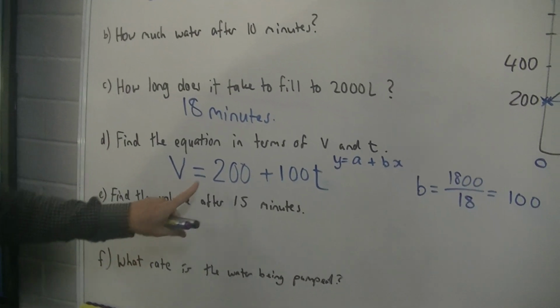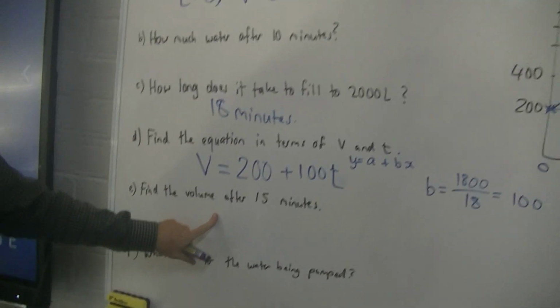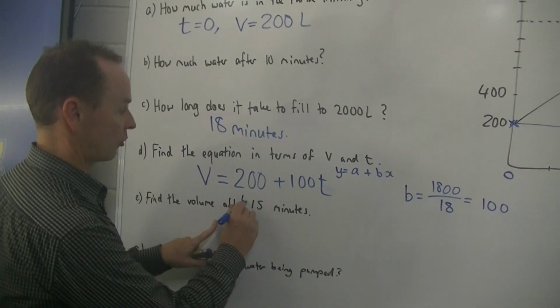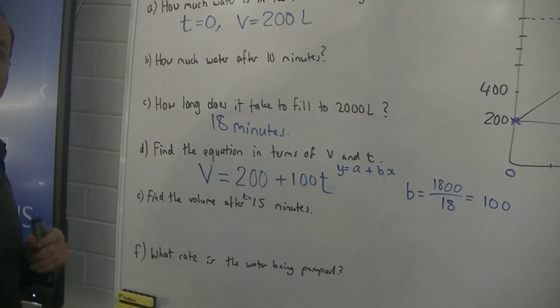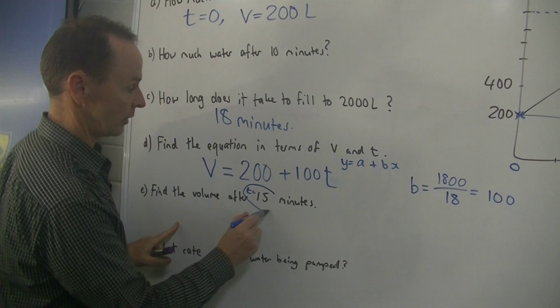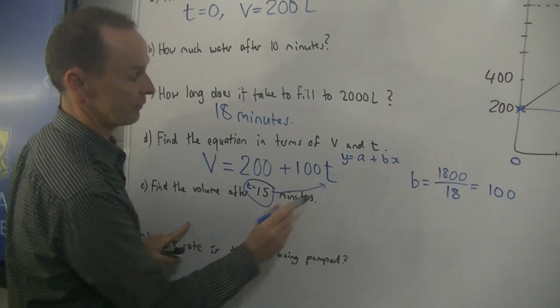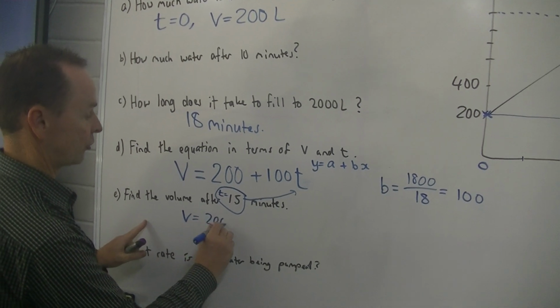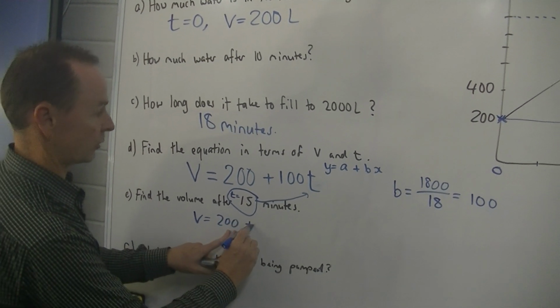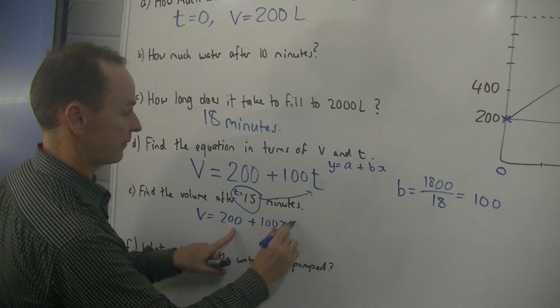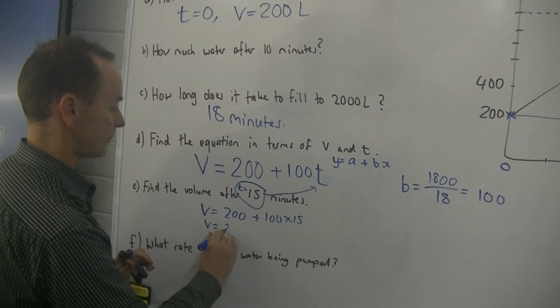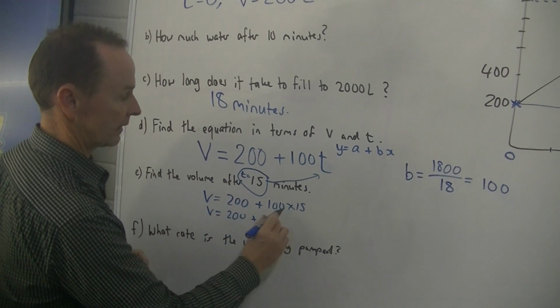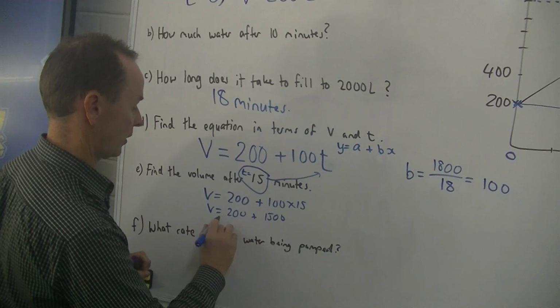Find the volume using our formula after 15 minutes. That means the time is 15 minutes. So what we need to do is substitute t equals 15 into this formula. So we've made the formula, now it's a matter of just substituting it in. Volume is 200 plus 100 times 15. 200 plus 10 lots of 15 is 1500.